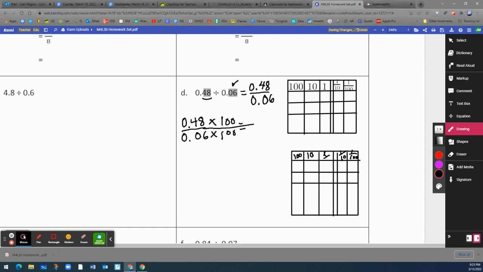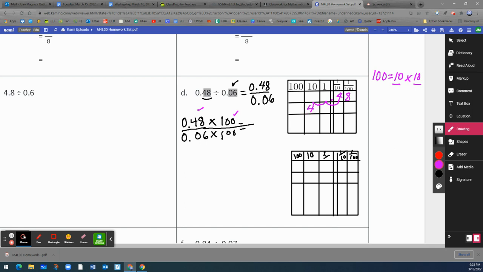Let me demonstrate. Using a place value chart, we plug in the 48 hundredths, which is 4 tenths and 8 hundredths. Multiplied by 100, and remember once again that 100 equals 10 times 10, which means we're going to move the 4 tenths to the ones and to the tenths, because that will be 10 times 10, and it's going to be 100 times bigger.